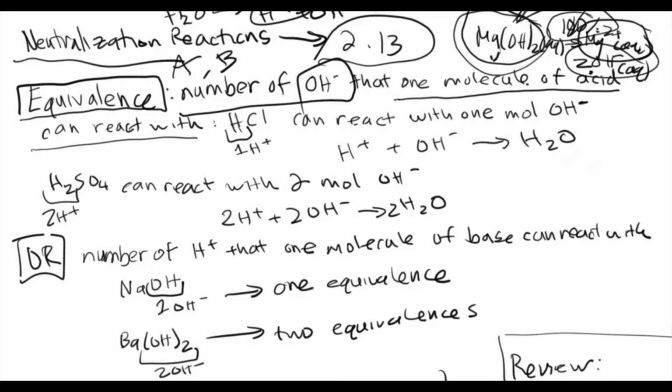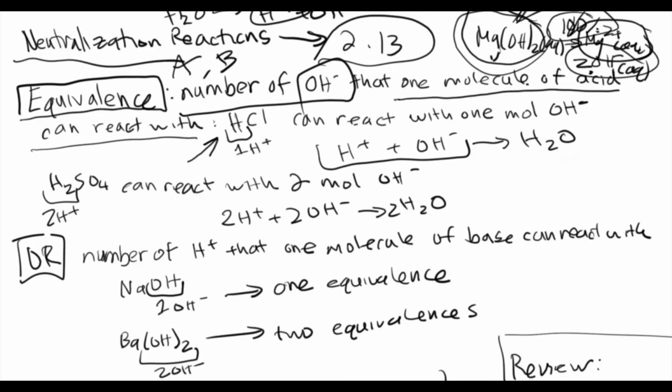So let's take a look at this example. HCl. Let's just say we have one molecule of HCl. One molecule of HCl contains one H plus. And this one H plus can react with exactly one OH minus.